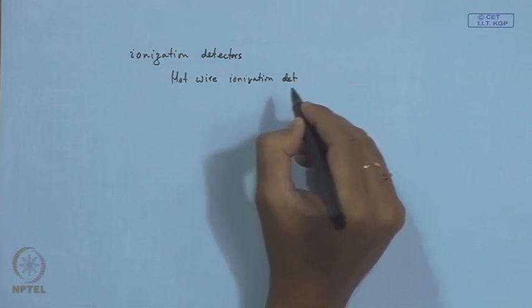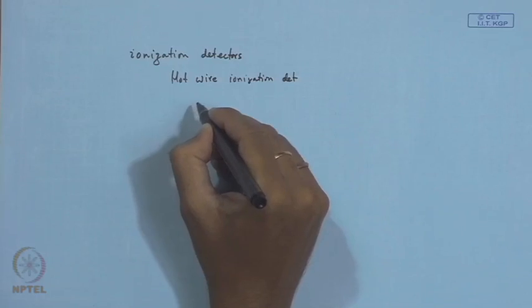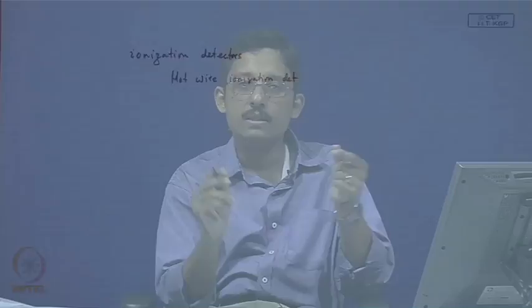Okay. So what is done is you have got a hot wire, and then when the element, M or E, or maybe its compound say EX, hits, then maybe ionization takes place.